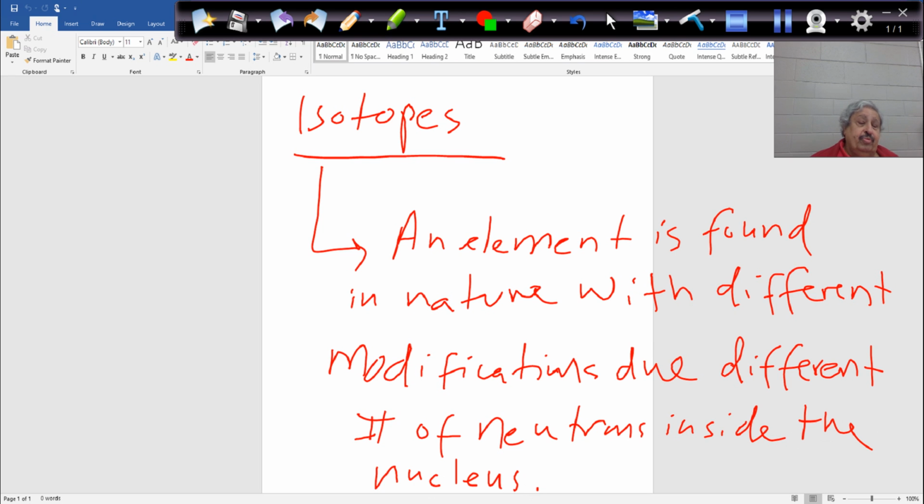So for example, we have carbon. Carbon itself has 3 modifications. We have 3 isotopes or modifications in nature.